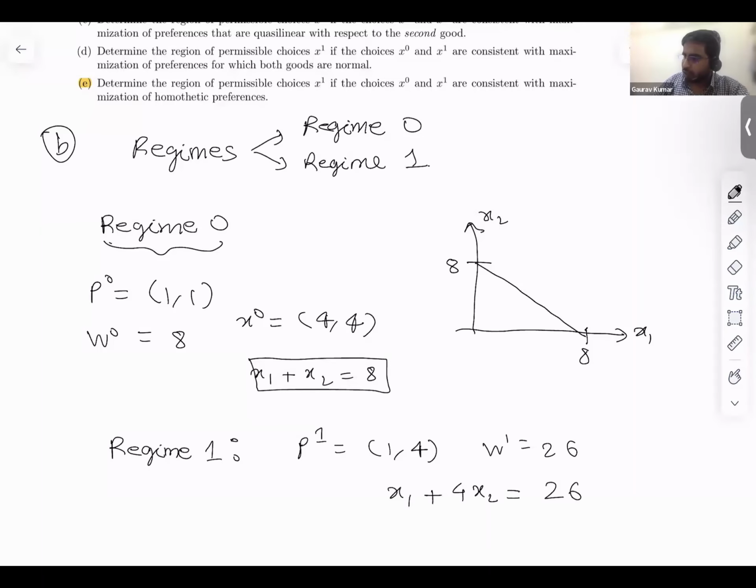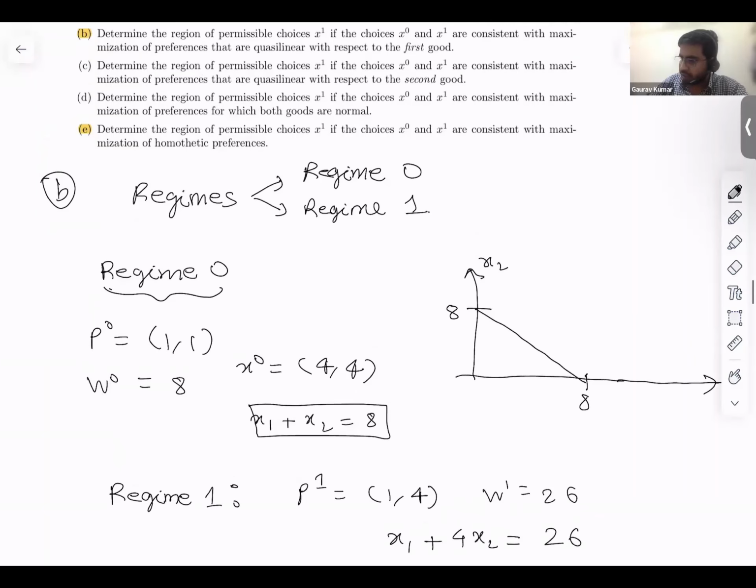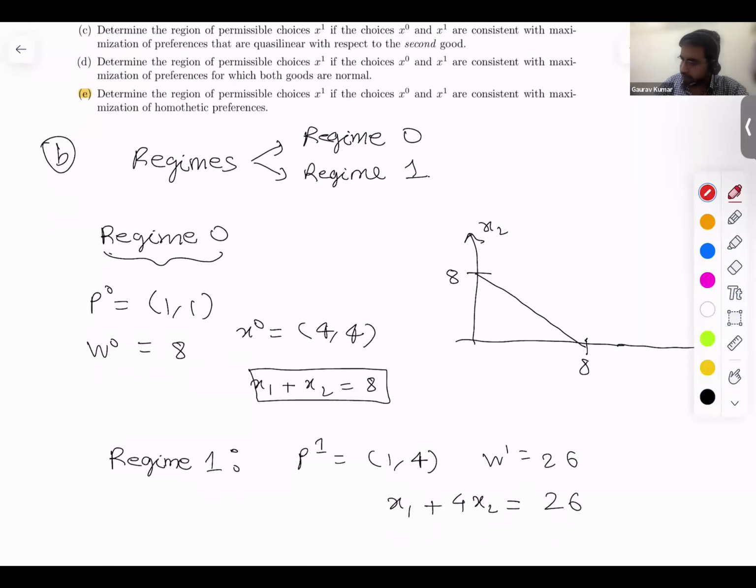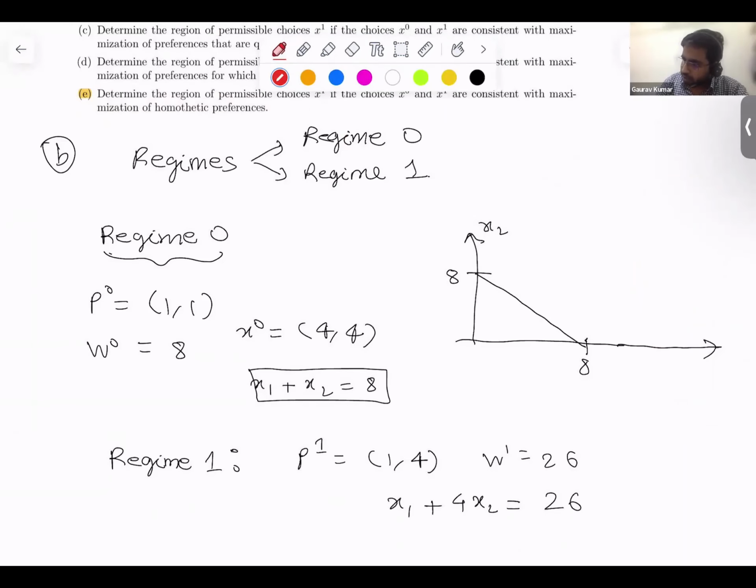Now when you plot this, let me extend this line a bit. I'm using a different color for regime 1. So x1 will be 26 and x2 will be 6 point something. This is the budget constraint for regime 1.